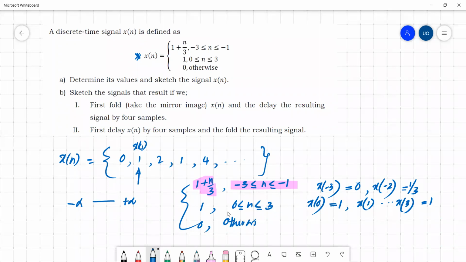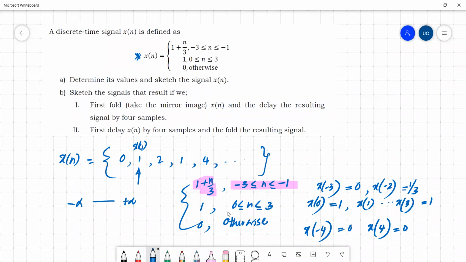It means whatever the values outside these definitions, outside this range, are 0. For example, x minus 4 is 0, x plus 4 is again 0. Likewise, you can find these discrete samples by considering the ranges given.